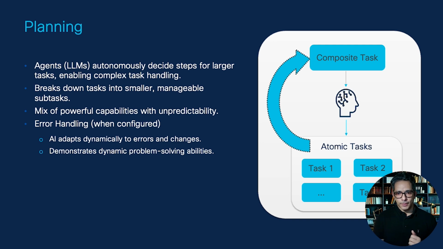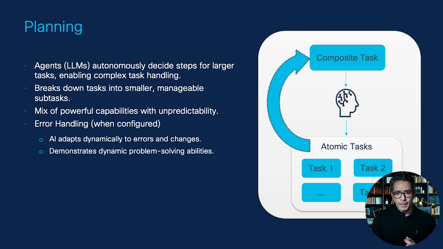This helps with complex task handling. Planning is essential for tasks that cannot be completed in a single step or with a single tool invocation. And while planning is powerful, it can lead to less predictable results compared to deterministic agentic workflows. And you'll hear this theme over and over again.